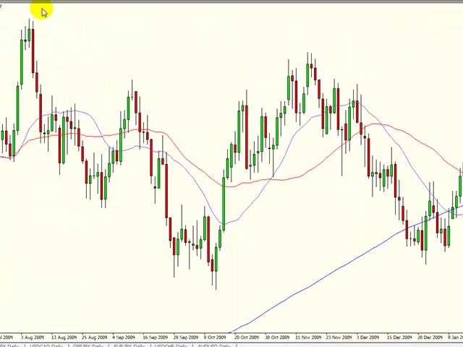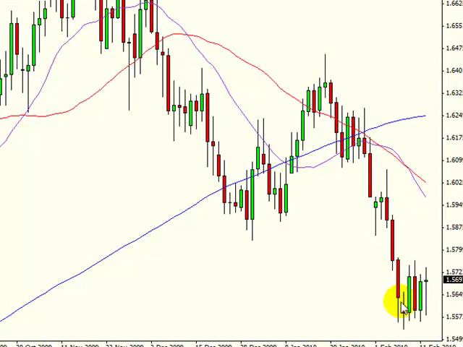Okay, next will be the Great British Pound Dollar. The pound dollar had a steep fall, and right now we are currently hovering in a consolidation area. This could be a symbol of a price pause. Sometimes the market, when it's gaining a lot of steam, will pause before continuing on its way.